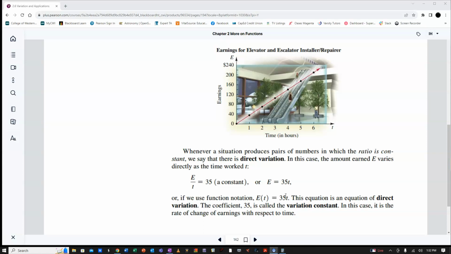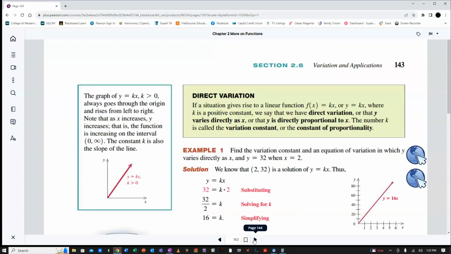In this particular example, the coefficient 35 is known as the variation constant, and it happens to represent the rate of change of earnings with respect to time. So we define direct variation as follows.